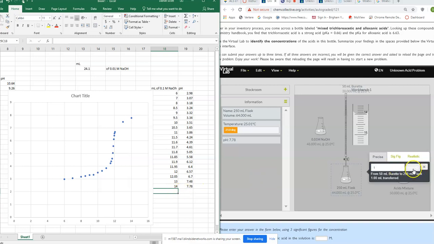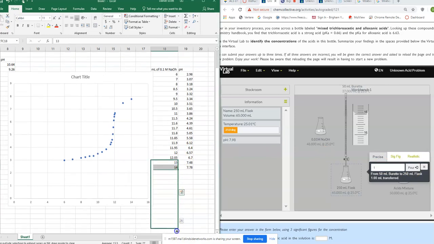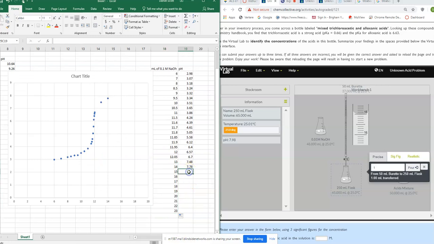All right, 15, 7.98. 16, 8.14. So now that's not tailing off, not flattening out really fast. 8.27 for 17.